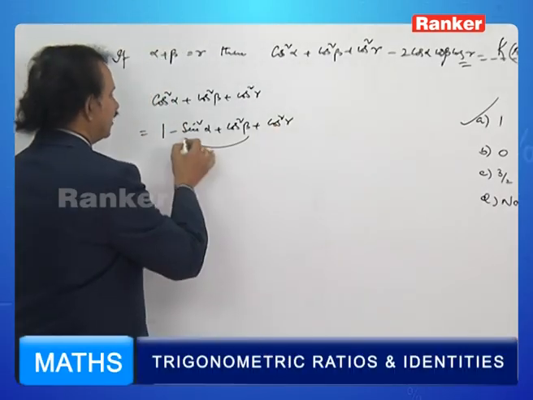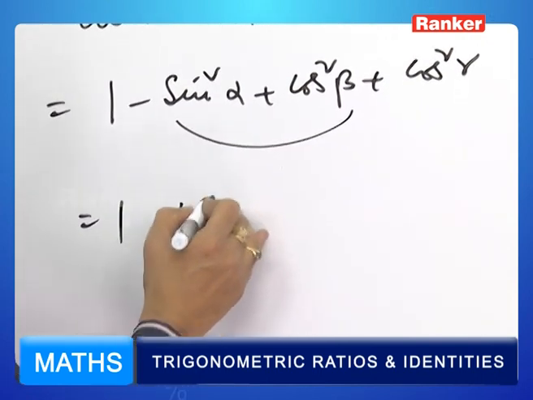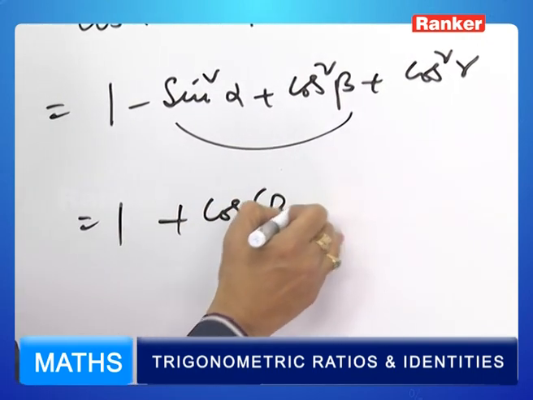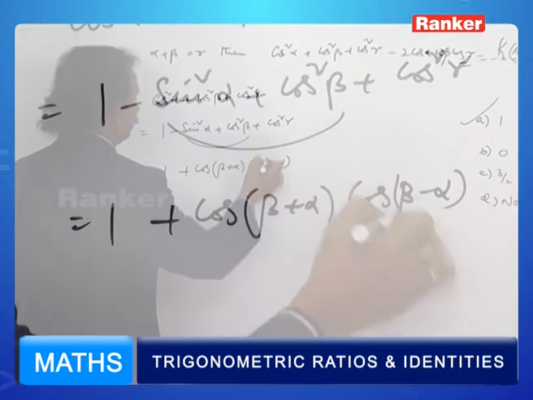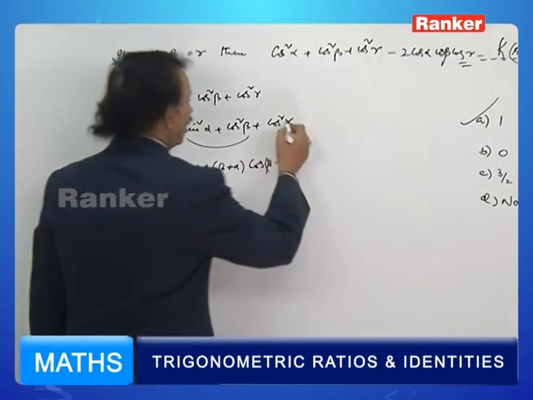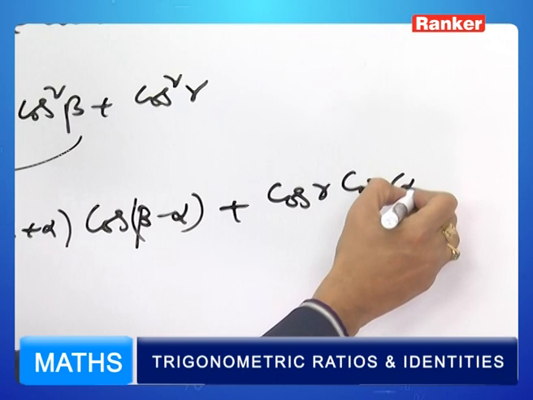What is cos square beta minus sin square alpha? It is nothing but cos of beta plus alpha into cos of beta minus alpha. What is cos square gamma? Cos gamma into cos of alpha plus beta.